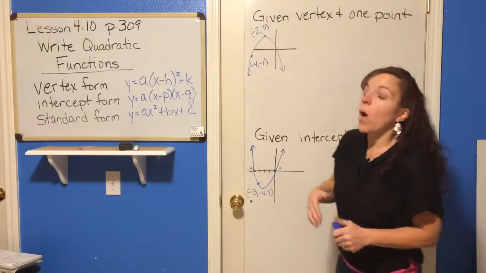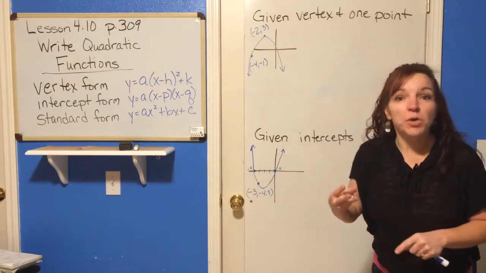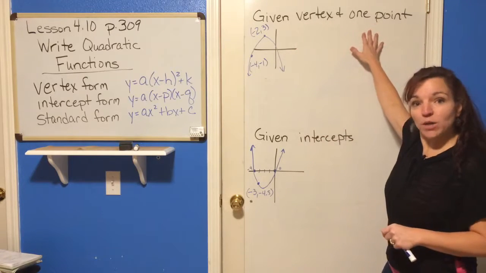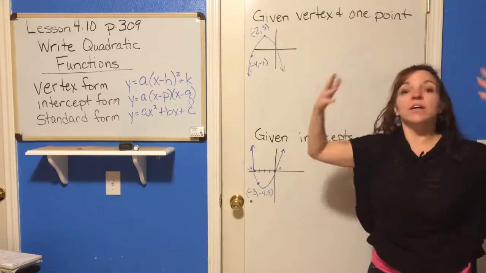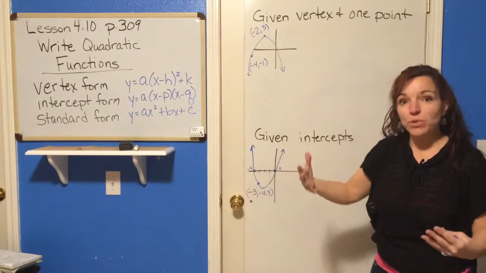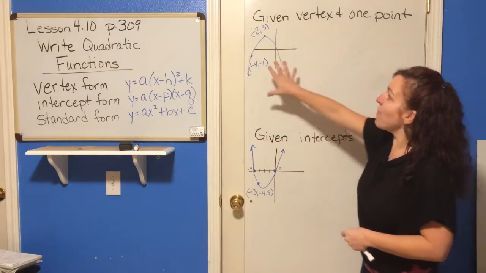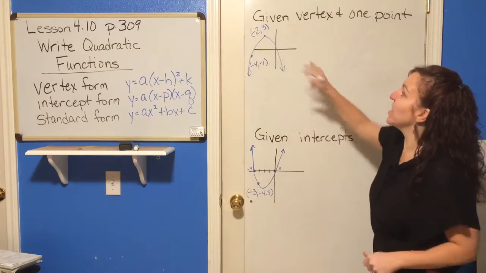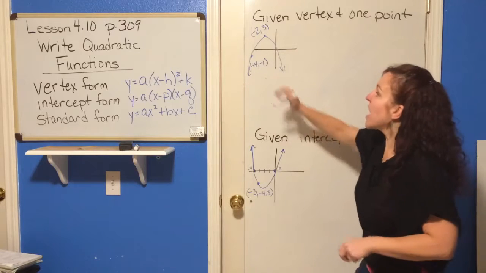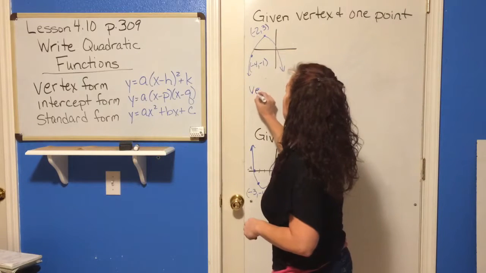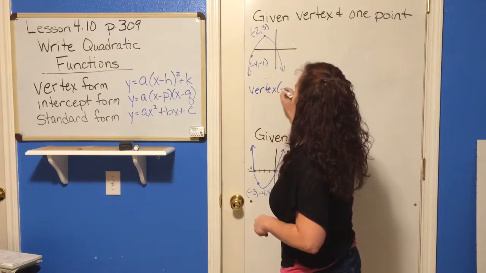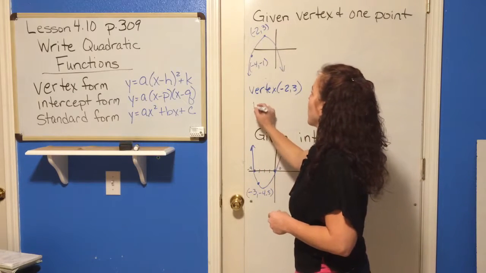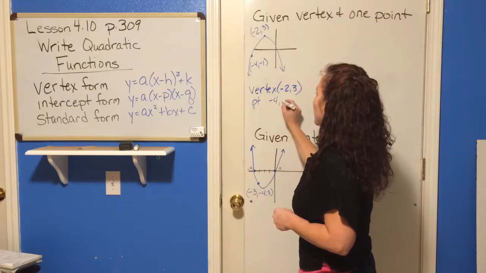So what we're going to do today, three different types of problems. First, if you're given a vertex and one point on a parabola, you need to write an equation that represents that parabola. I may give you the picture of the parabola, or instead I might just say the vertex is (-2, 3), and you can pull this from the graph, and the point is (-4, -1).